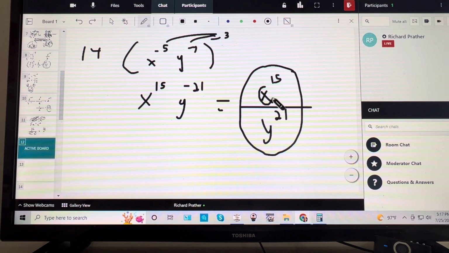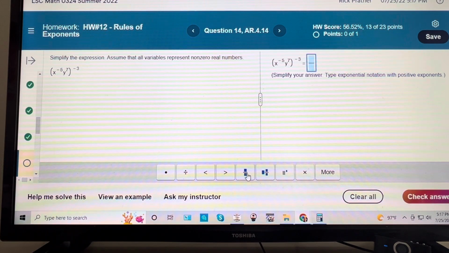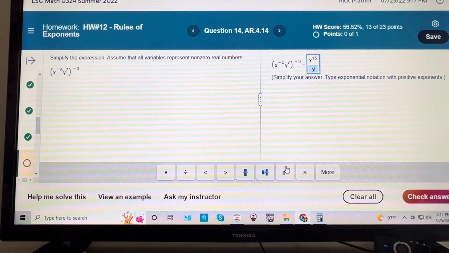So x and y, the rule doesn't work then. So you're just stuck with x to the 15th over y to the 21st. Fraction x to the 15th over y to the 21st.